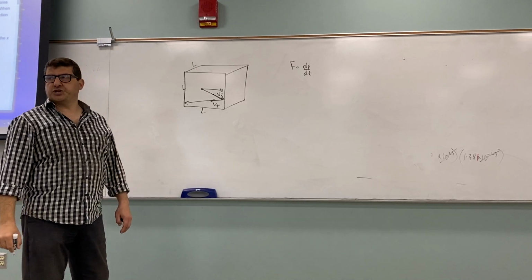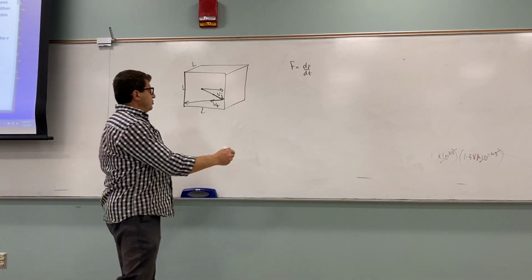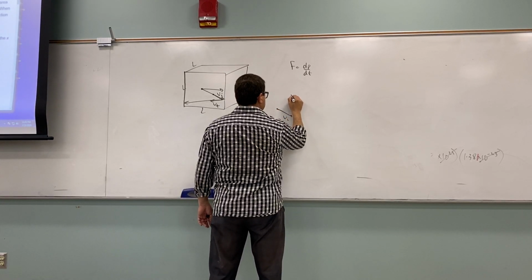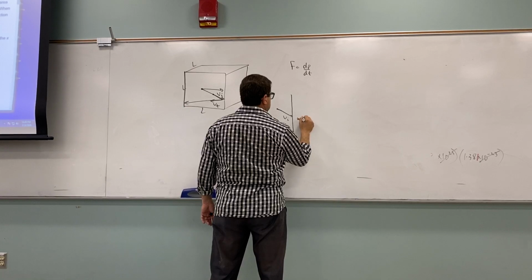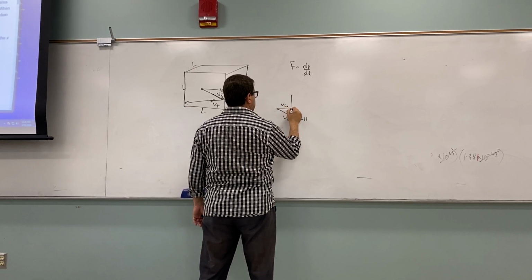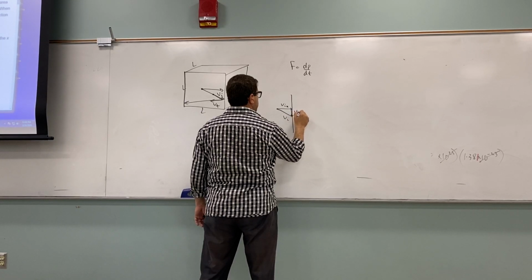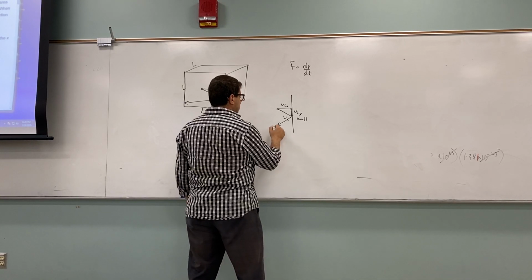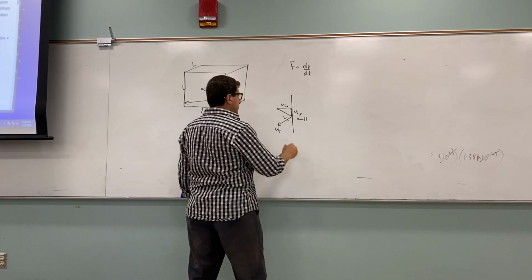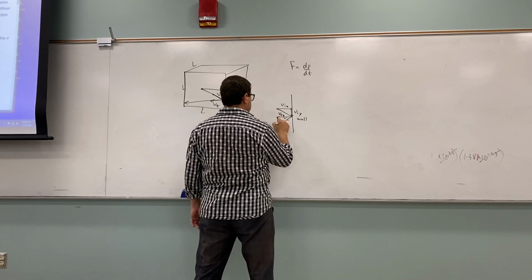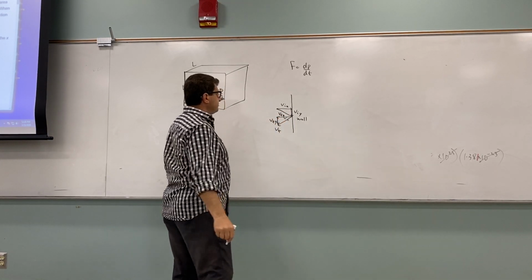You see? So what's the change in momentum of the gas? You can take the initial velocity, here's the wall, break it up into x component and y component, the initial y. Then it bounces back like this, the final. We can break that into the final x, the final y.